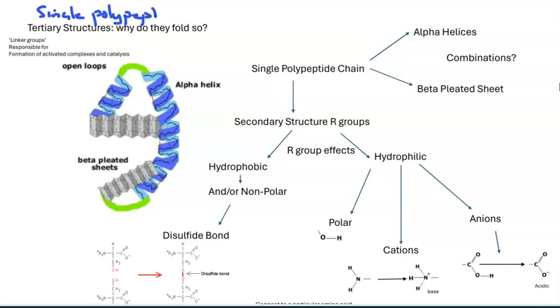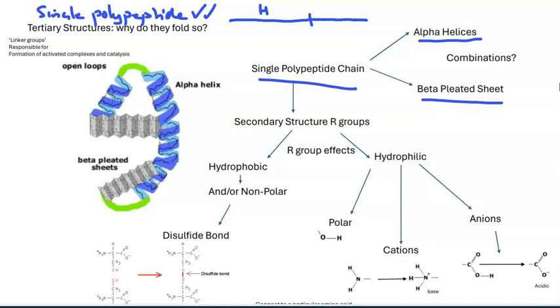This single polypeptide has, of course, folded up into perhaps an alpha helix or a beta pleated sheet, or indeed it is possible that the polypeptide chain is so long that sections of it are a helix and other sections are beta pleated sheets, and that can repeat depending upon how long the polypeptide chain is. Remember, this is a single polypeptide chain.